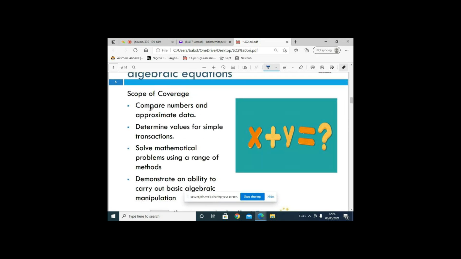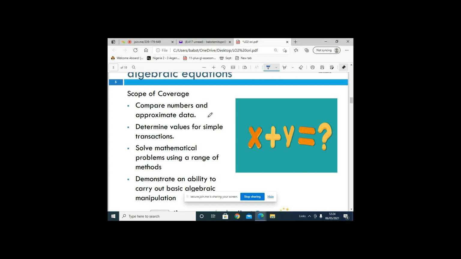So what we are going to cover today is we are going to compare numbers and approximate data. We determine the value of simple transactions. We will solve mathematical problems using a range of methods, like different approaches to do a mathematical problem. Then we demonstrate our ability to carry out basic algebraic manipulation.